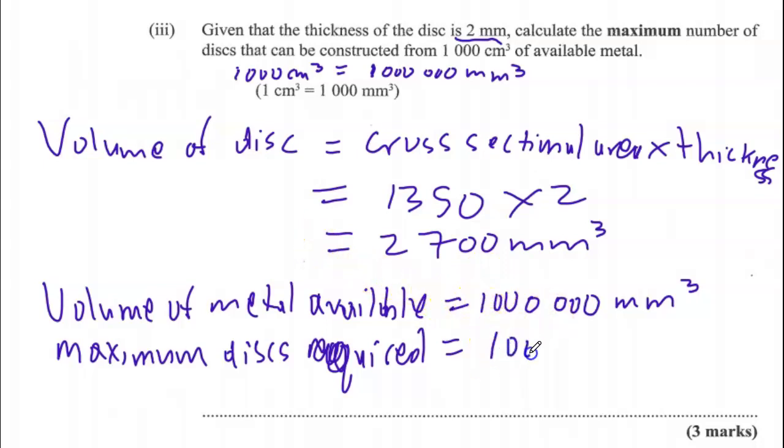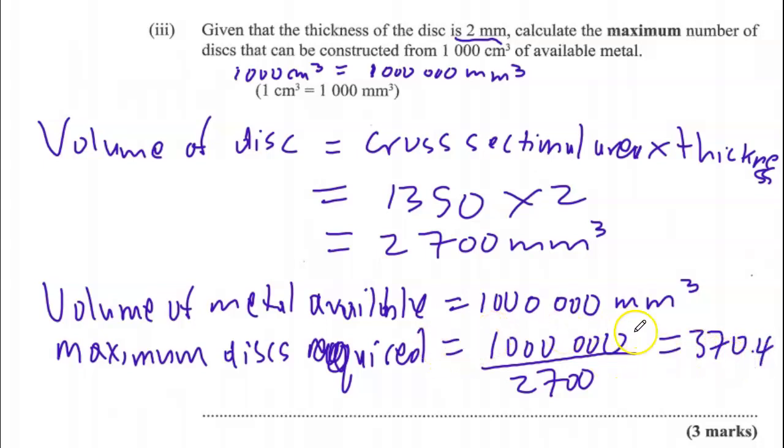So 1 million divided by 2,700, let me get my calculator, which gives us 370.4 if we round it.